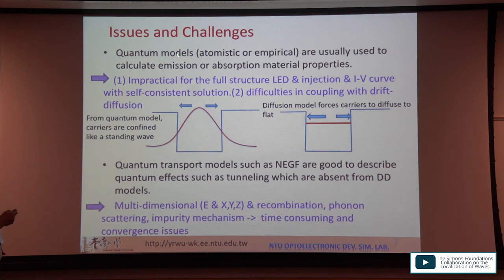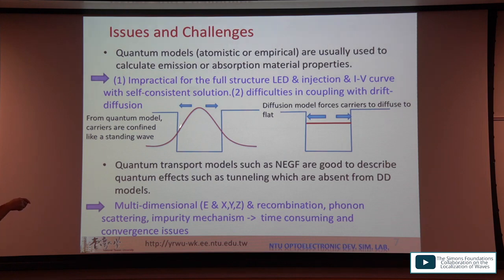But the typical problem for the grid diffusion issue is this: a diffusion model is the divergence of carrier density. So if you're using the diffusion model, it tells you that your carrier distribution needs to be flat. Because if your carrier distribution is not flat for this flat quantum well, then the diffusion term will act, since there's no electric field.